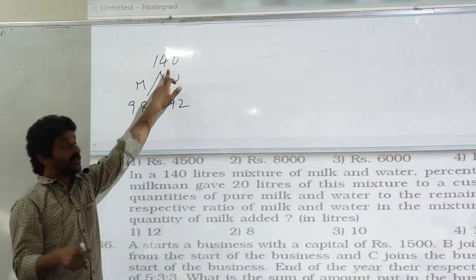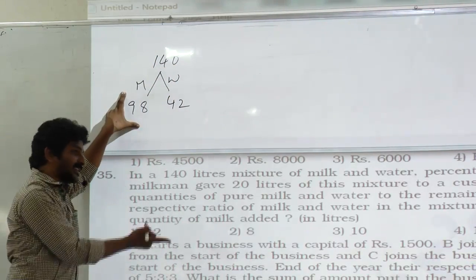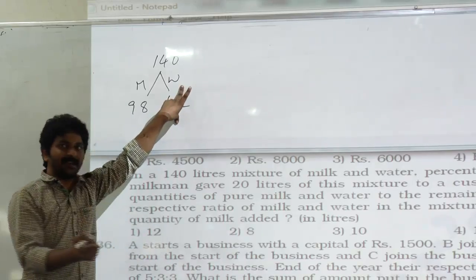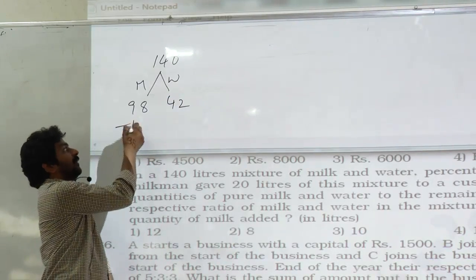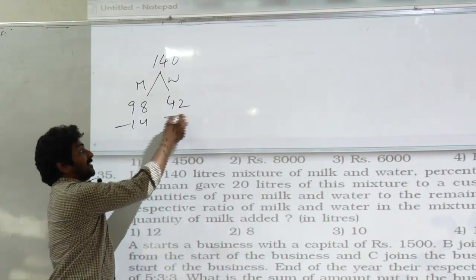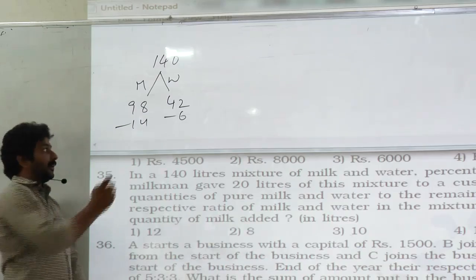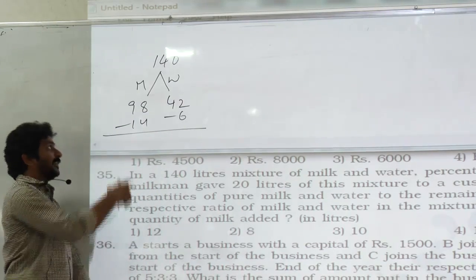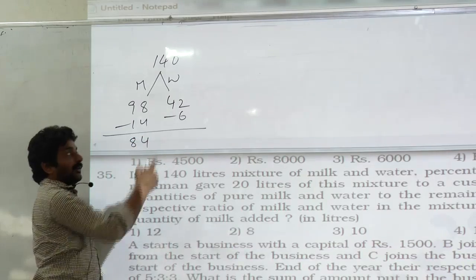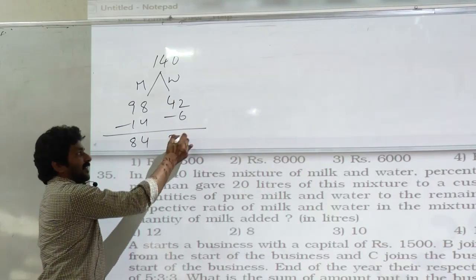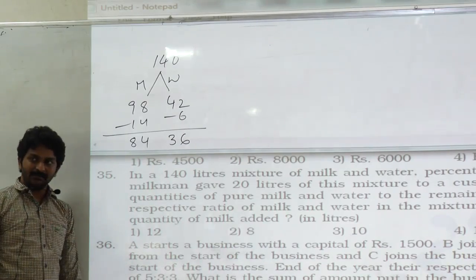So 1/7 of the total quantity is taken out, 1/7 of milk is taken out, and 1/7 of water is taken out. 1/7 of 98 is 14, 1/7 of 42 is 6. Total it is 20 liters, right? Satisfied? Now the remaining quantity in the container is 98 minus 14, which is 84, and 42 minus 6, 36. This is the respective milk and water in the container now.